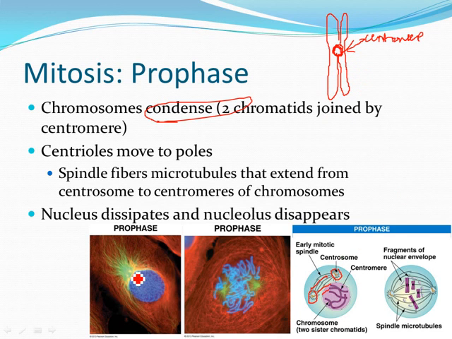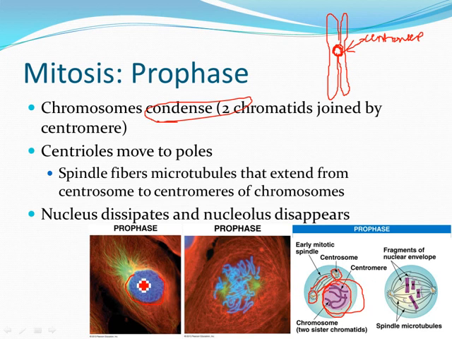Finally, the nucleus itself dissipates. So the nucleus has a nuclear membrane around it, for those of you who looked at the online chapter of the cell. So it dissipates, and you'll notice a couple things.